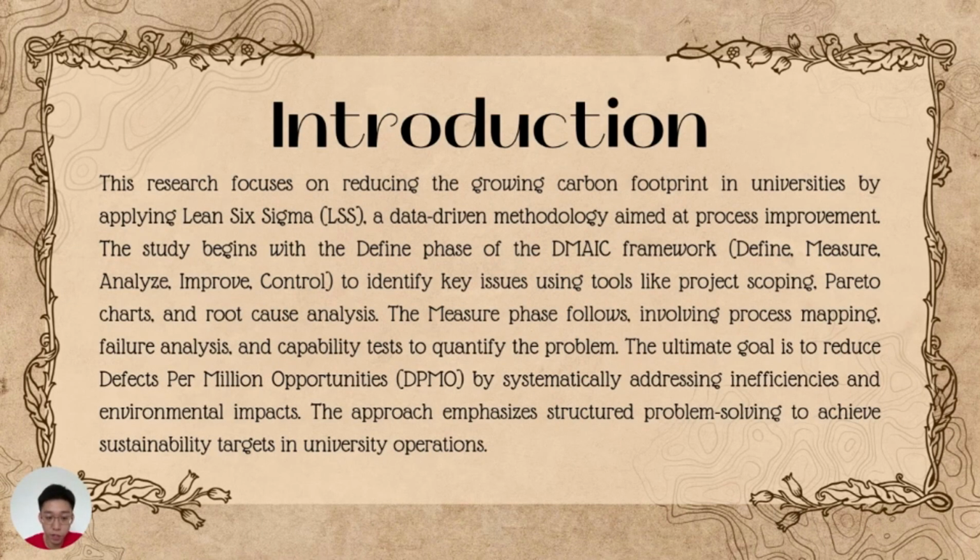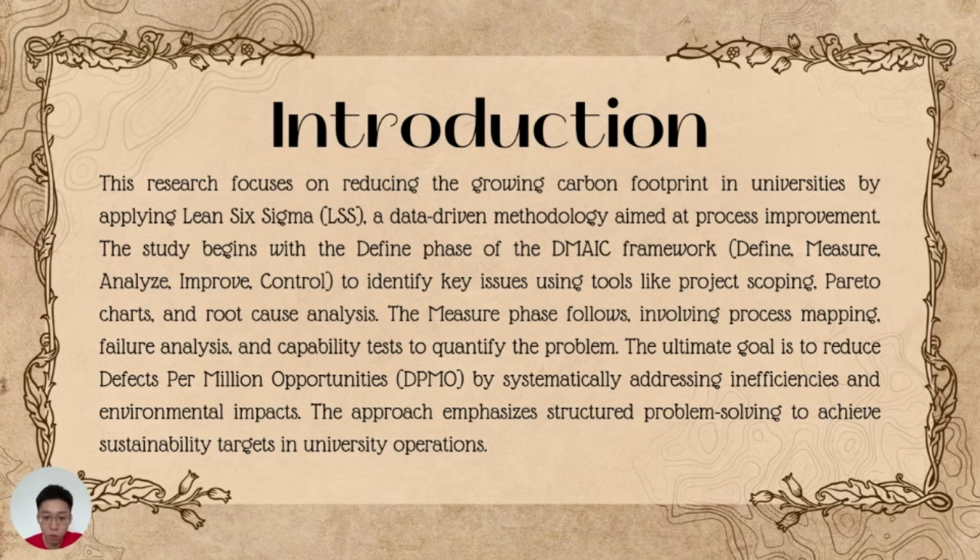This research focused on reducing the growing carbon footprint in universities by applying Six Sigma, a data-driven methodology aimed at process improvement. The study begins with the define phase of the DMAIC framework, which is define, measure, analyze, improve, and control, to identify the key issues using tools like project scoping, Pareto charts, and root cause analysis.